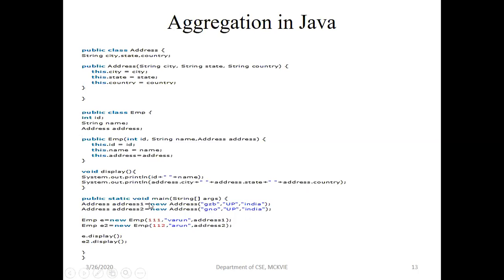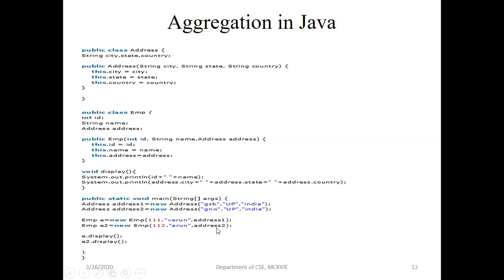So these are the two address objects, address1 and address2. These will be the parameters of the constructor call of the EMP class, because one member of the EMP class is given as a reference of class Address.